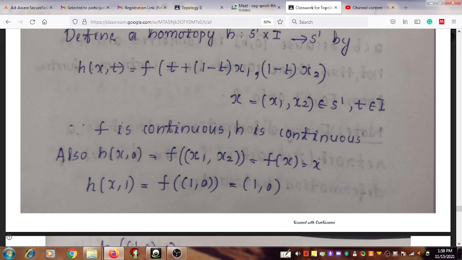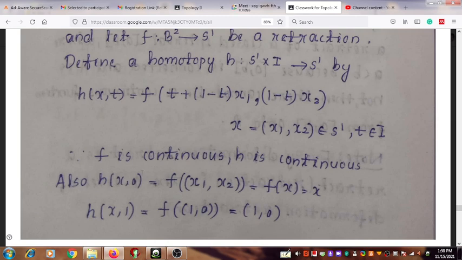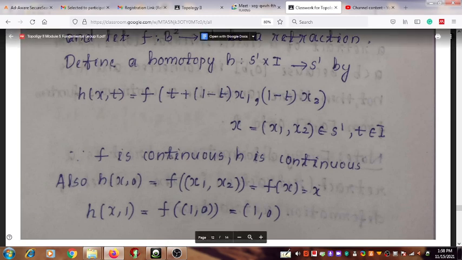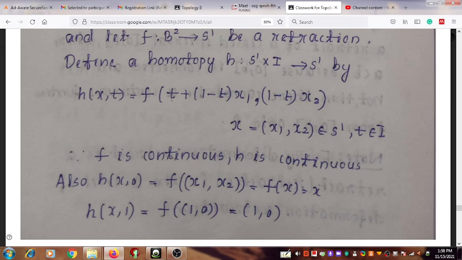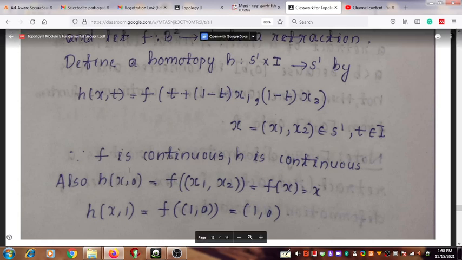Substituting t = 0 in this expression, the first coordinate reduces to x1 and the second to x2, so we get f(x1, x2).